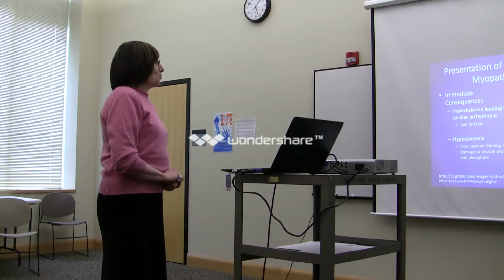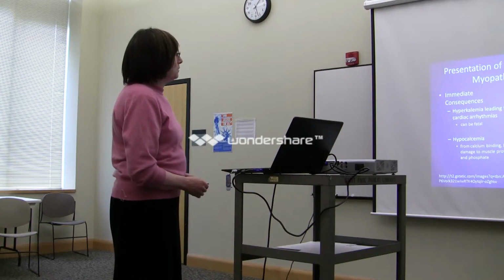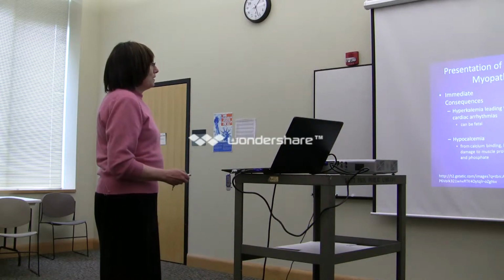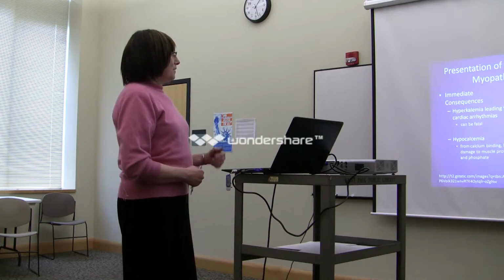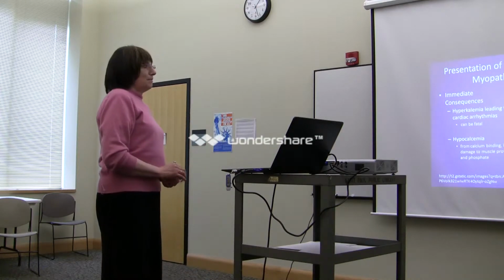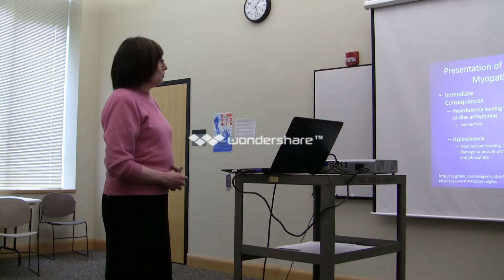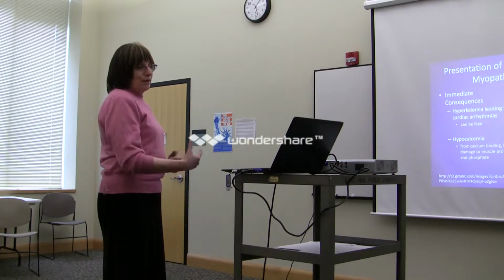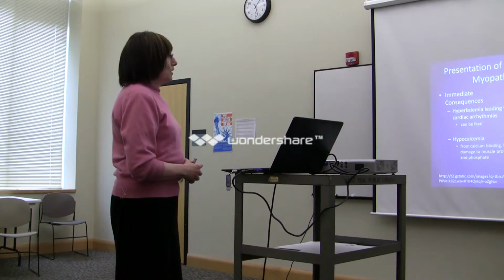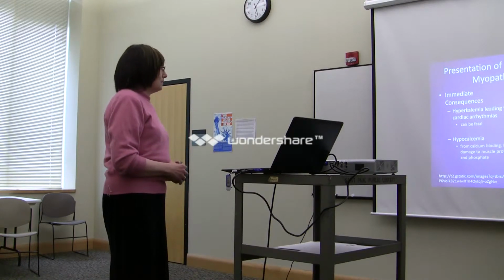The immediate consequence is hyperkalemia. I got this off the internet, with the peaked T waves. There's also hypocalcemia from the binding and the damage of the muscle protein. What I've read is that it doesn't show up so much on the EKG.